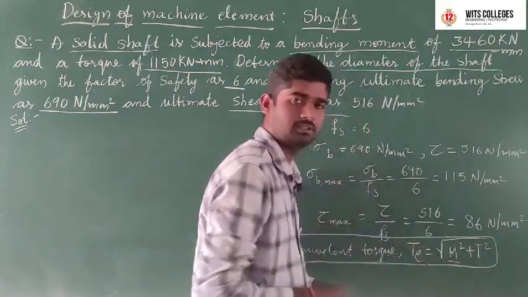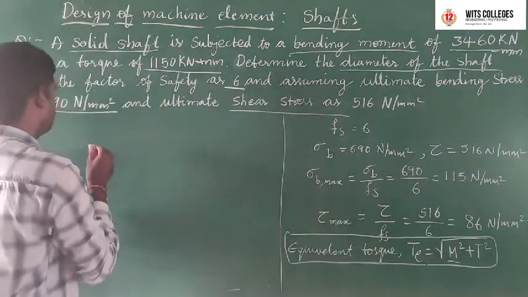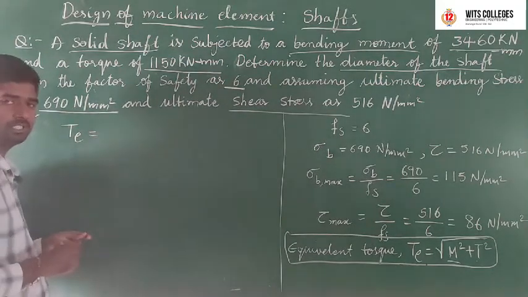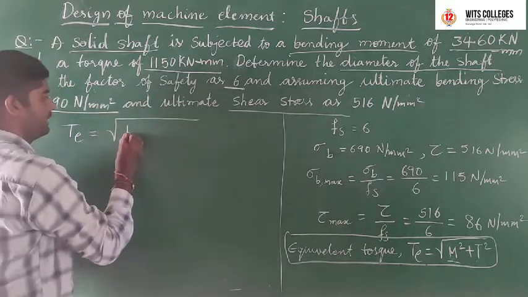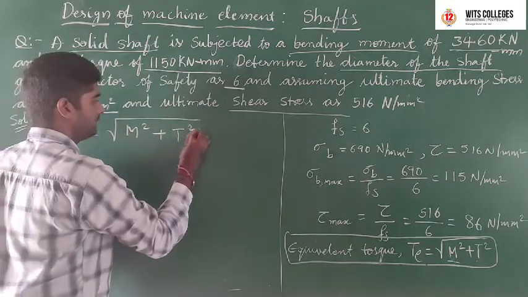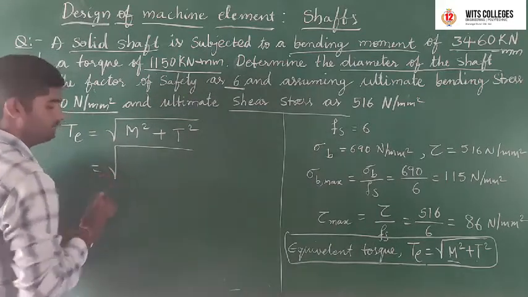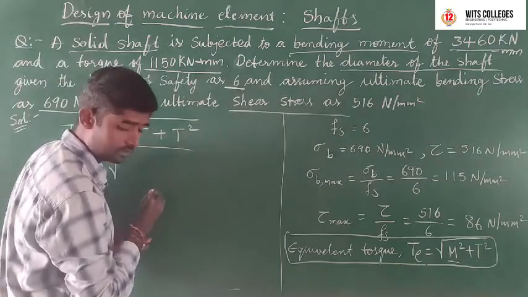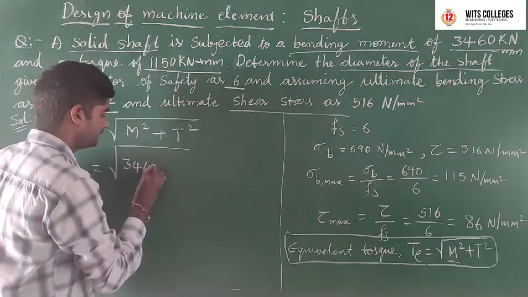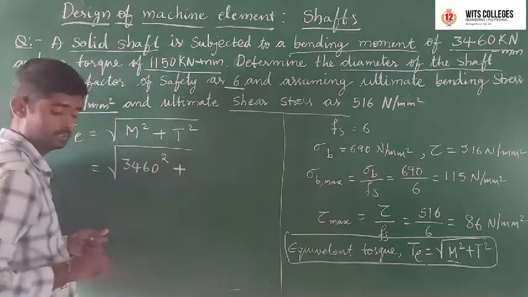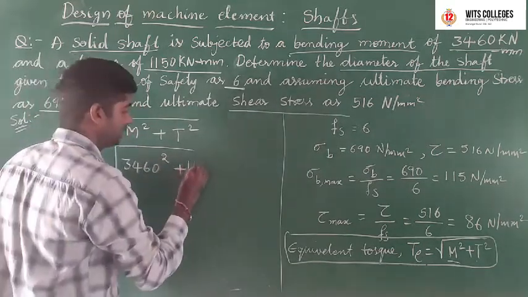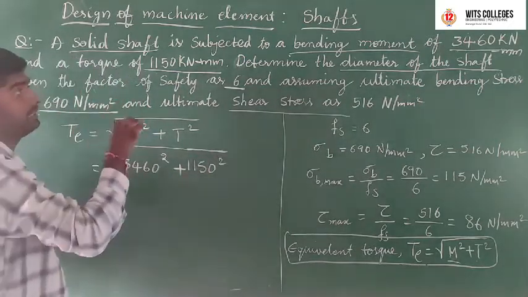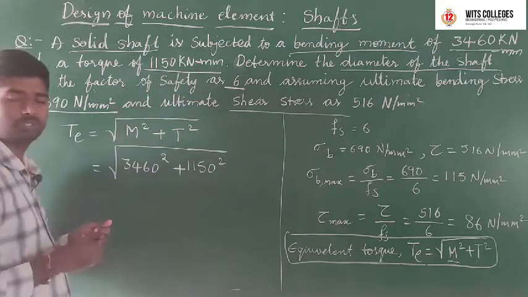Writing the equation again: equivalent torque is equal to under root M square plus T square, that is 3460 square plus 1150 square, in kilonewton mm.